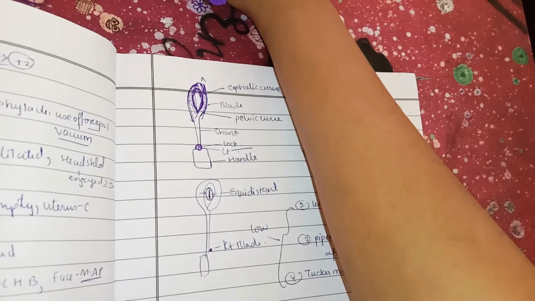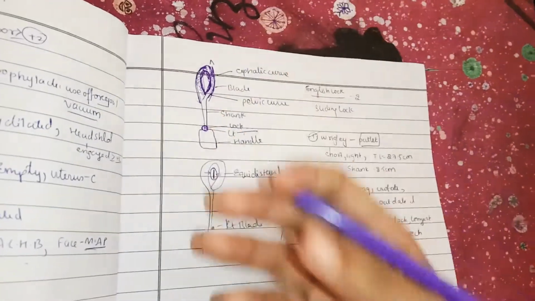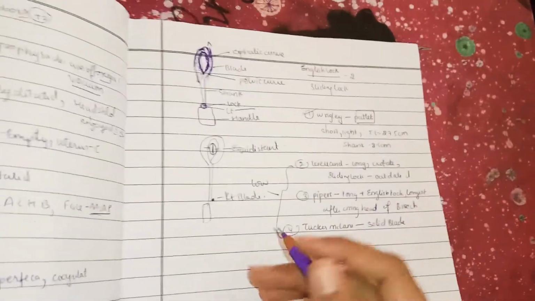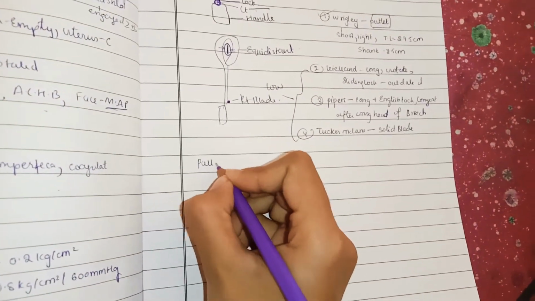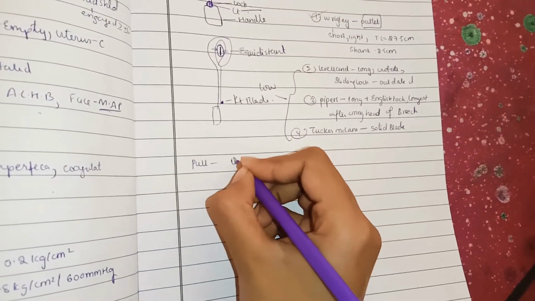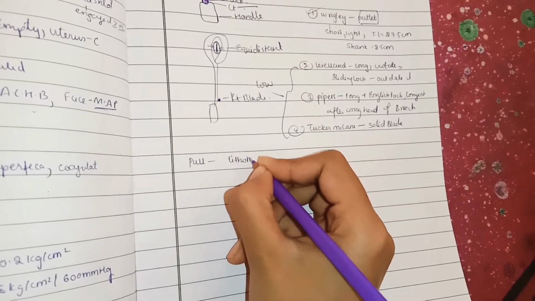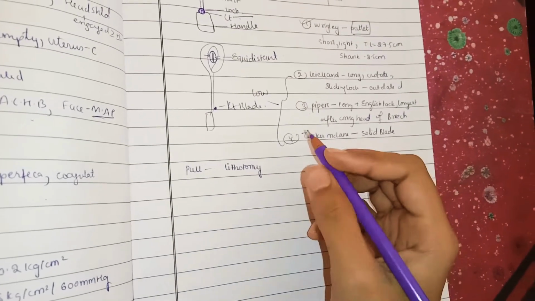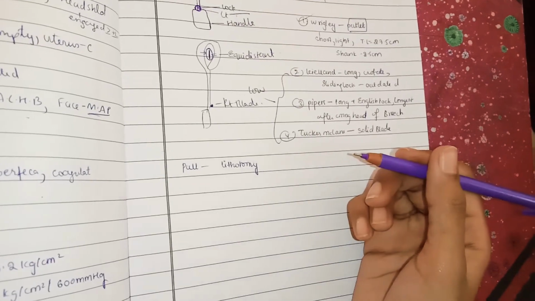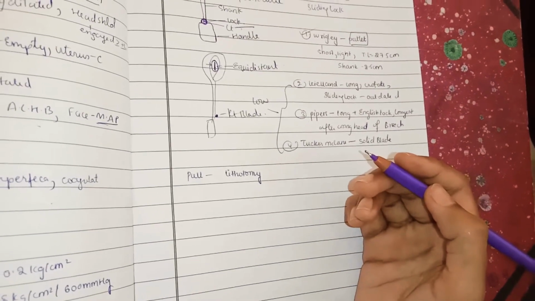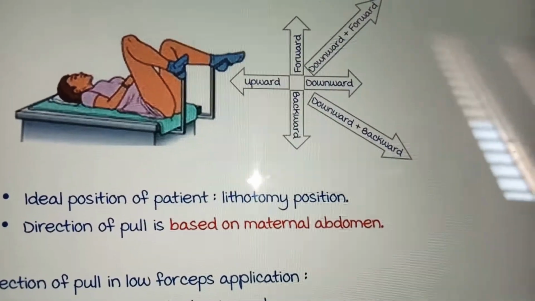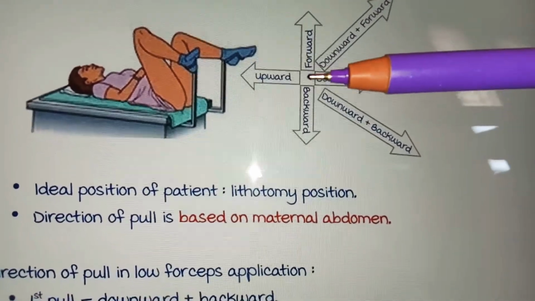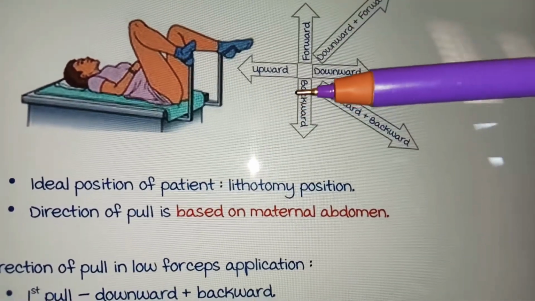Now coming to the direction of pull when applying forceps. So you have applied forceps, how to pull. For the pull, the mother should be in lithotomy position, and the direction of pull is based on the maternal abdomen. Let me show this diagram. This diagram shows the lithotomy position of the mother, and you can see this is the forward direction, this is the backward direction.